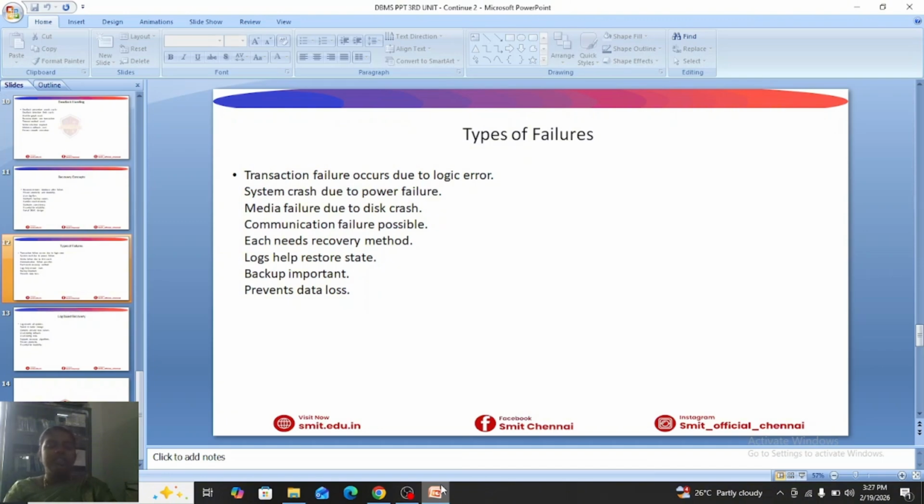It is caused by disk head crash, bad sectors, and file corruption. Fourth will be communication failure. It is caused by network failure, message loss, and server crash. Fifth, application or software failure. It occurs due to program bugs, incorrect application logic, and unexpected system behavior.